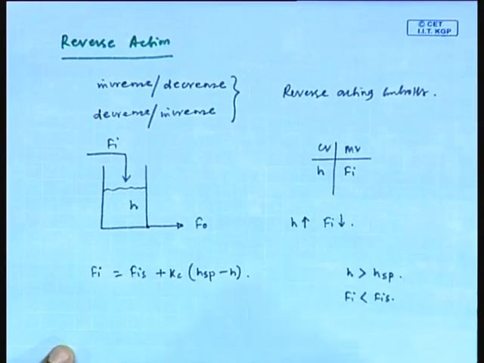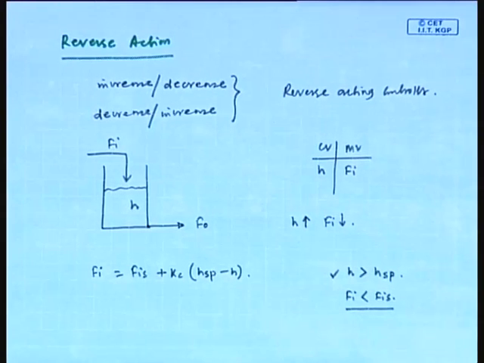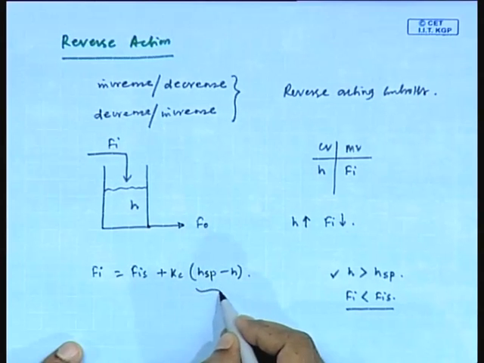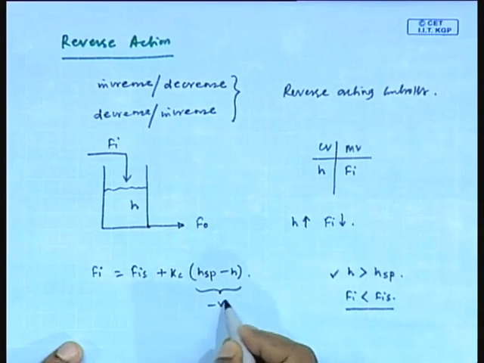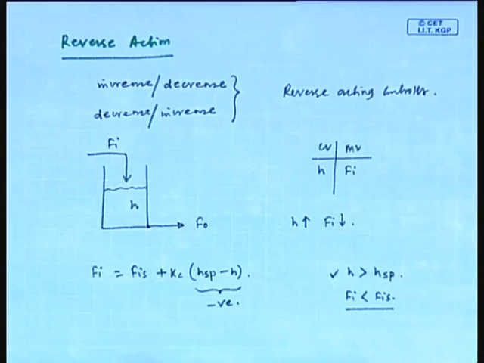The controller should maintain this condition, that is Fi less than Fis. Now, if height is greater than h set point, then the error becomes negative.